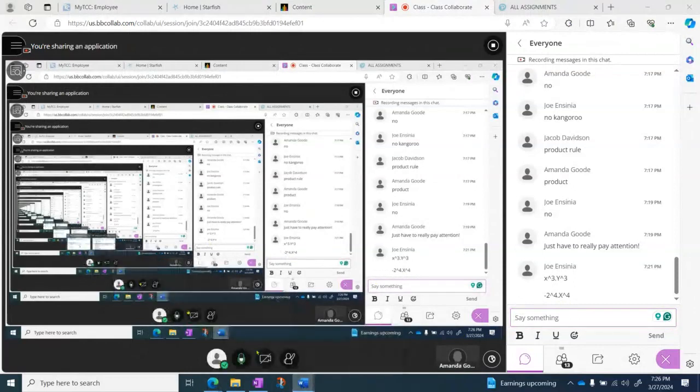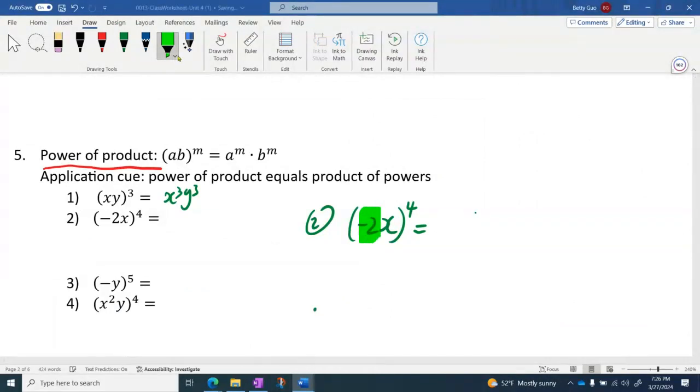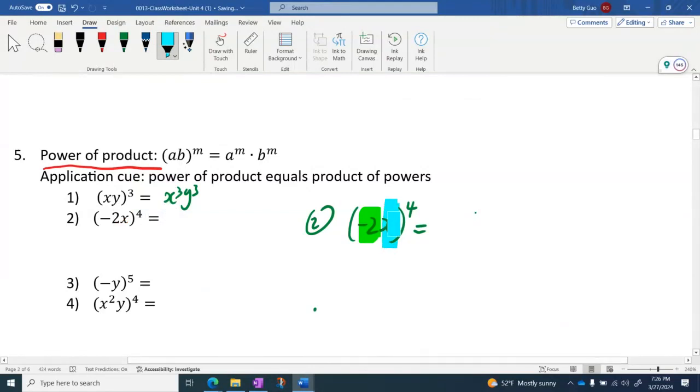And also, we sometimes do have to use parentheses in order to get a correct answer. So what I see here is a power of a product.